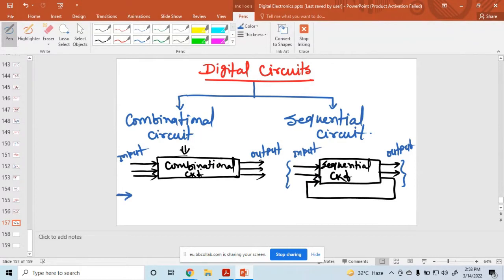So what is the difference between combinational and sequential circuit? First one: here the output depends on only the present input.